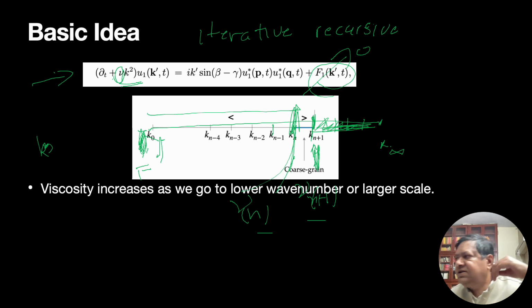Okay, so viscosity increases as you go to lower wave numbers and larger scale. So when you go to the left, lower wave number is going to the left, and we get larger viscosity. It will show that it increases with the wave number.